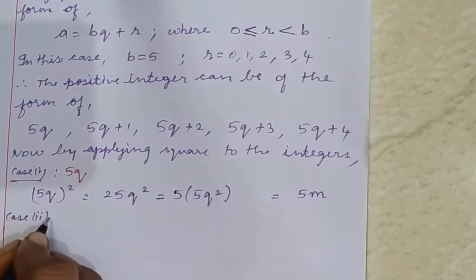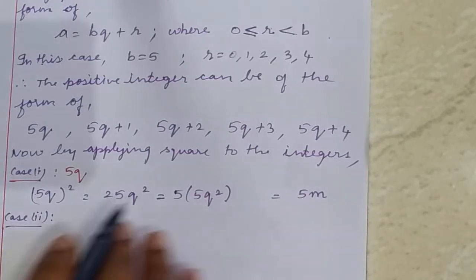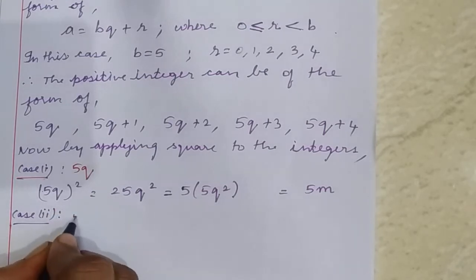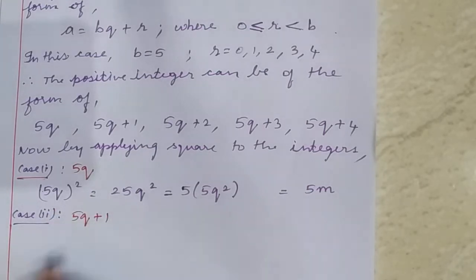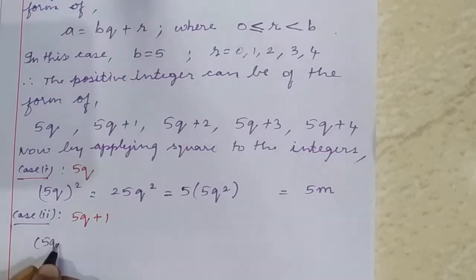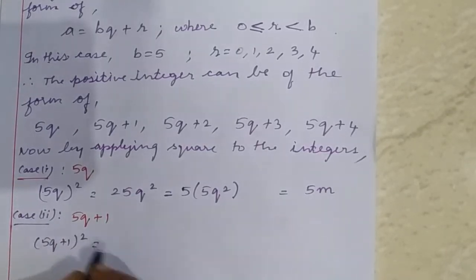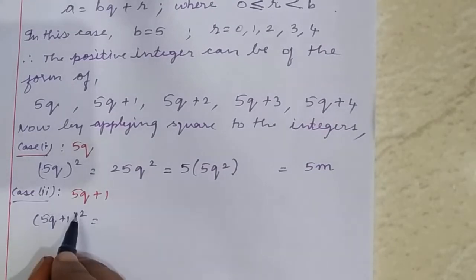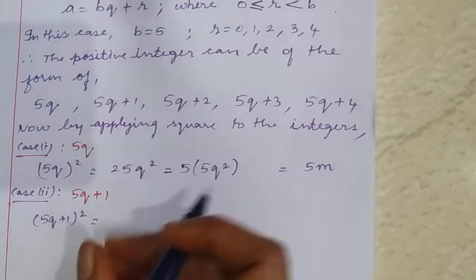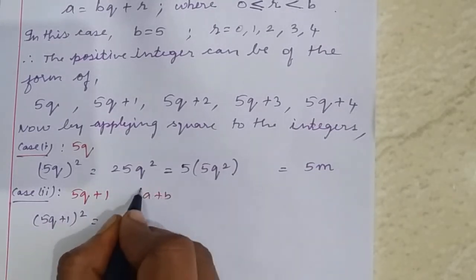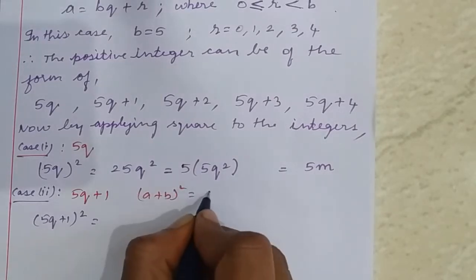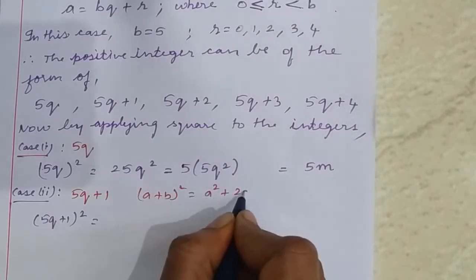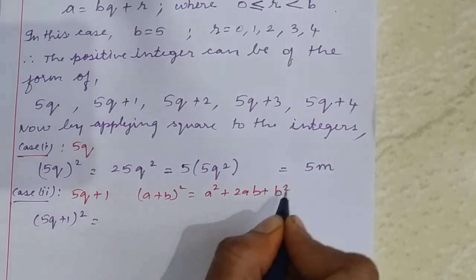Case 2 is 5q plus 1, the whole square. It is of the form a plus b the whole square. We know a plus b the whole square is a square plus 2ab plus b square.